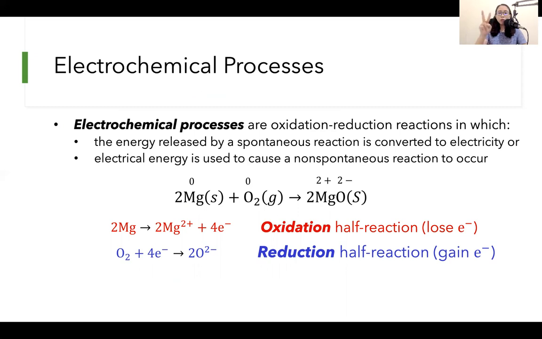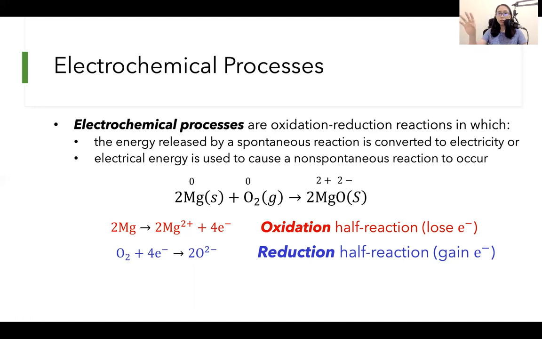Now, the two processes are oxidation and reduction. The name redox comes from two words, reduction and oxidation, so it is often shortened to redox. They are called half reactions because each one is just half of the whole reaction.